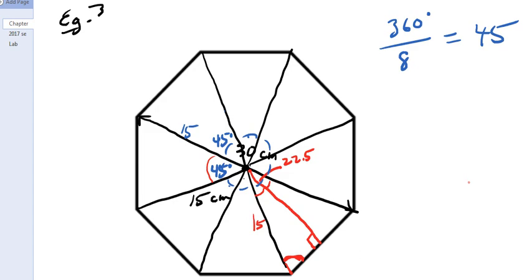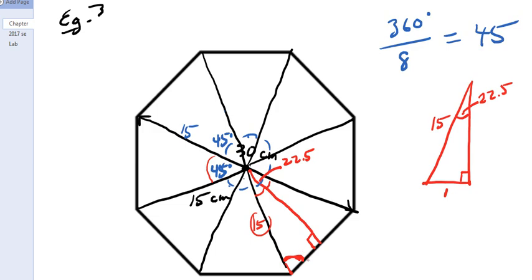So let's just redraw the right triangle that we have. So I know that this is 15, right? This part right here, given this angle right here. So this is 22.5 right here. And so can I use this information right here to solve for this part?